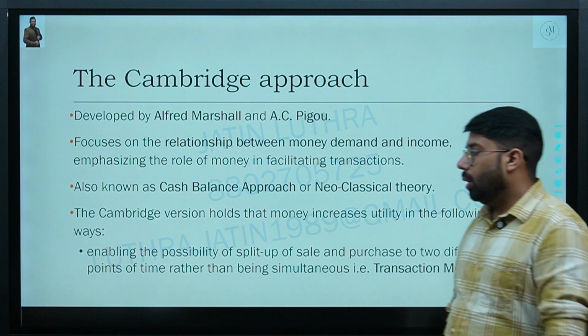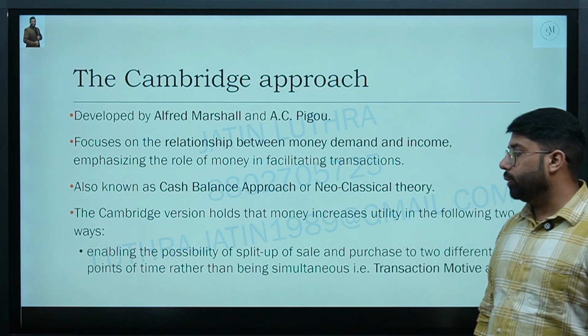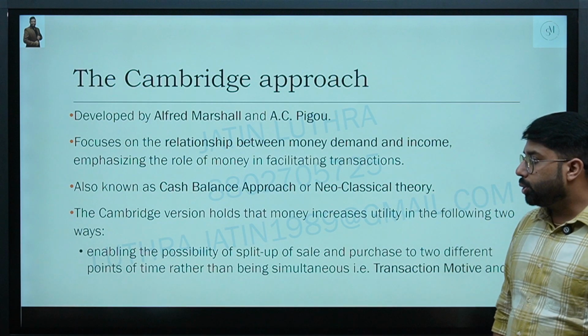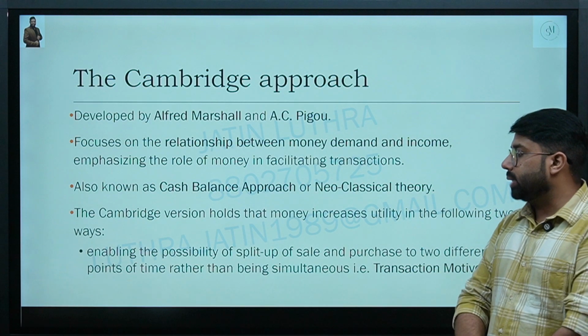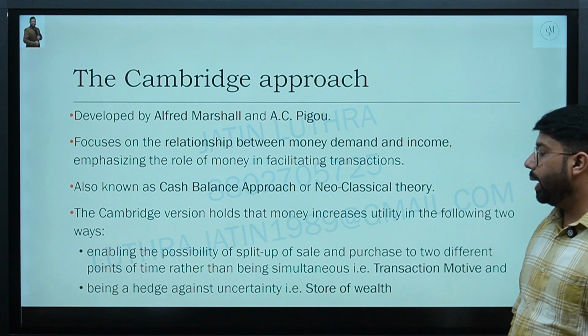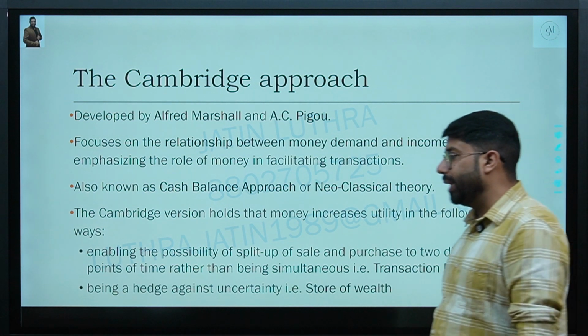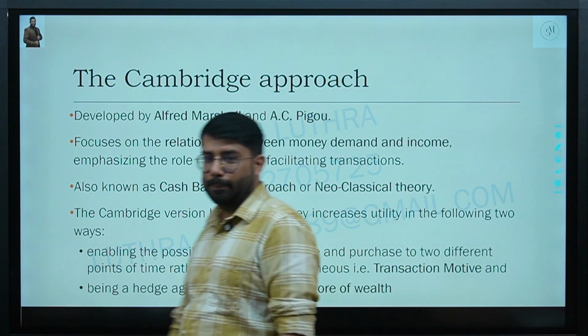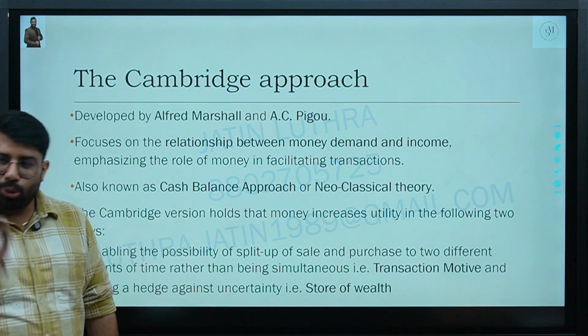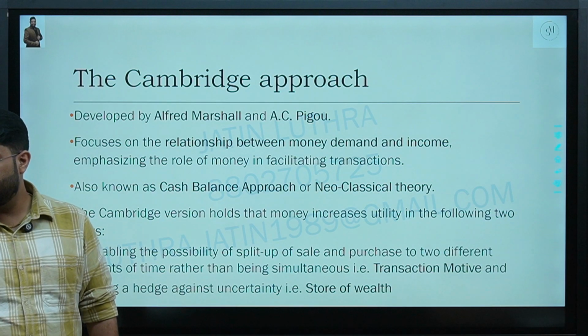First, enabling the possibility of a split up of sale and purchase at 2 different points of time rather than being simultaneous, that is the transaction approach. Second, being a hedge against uncertainty, that is store of wealth. The language is a bit typical.